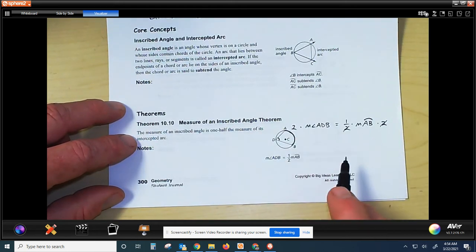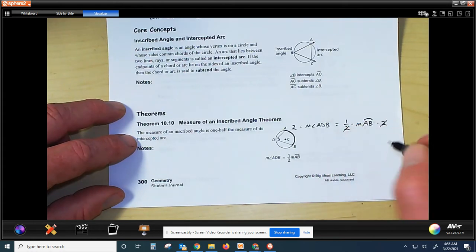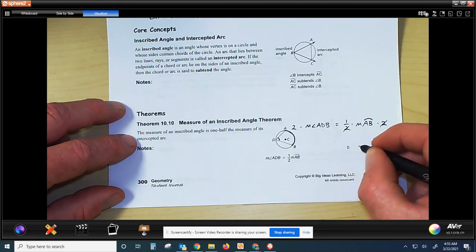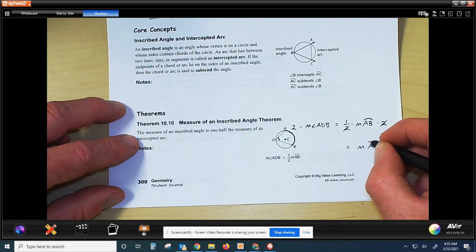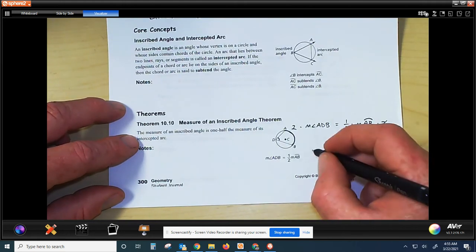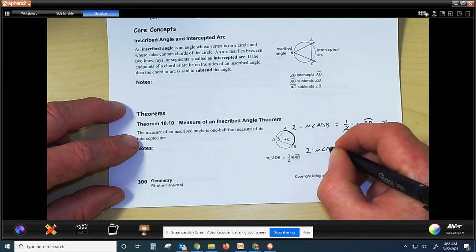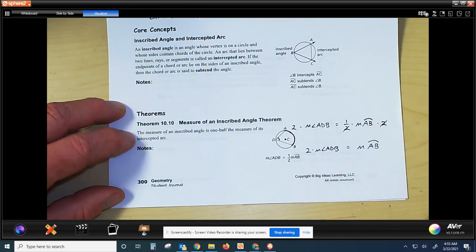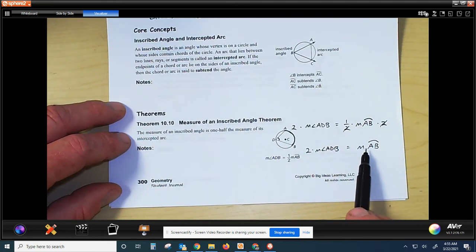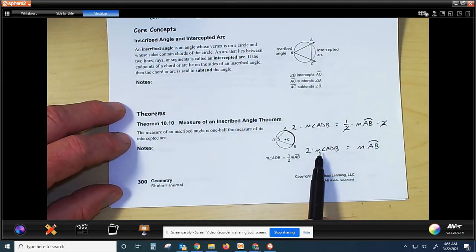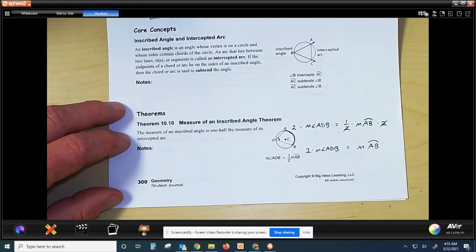Okay, so what this math leads me to is taking this, we've canceled the 2's. So we have the measure of arc AB is equal to 2 times the measure of angle ADB. If I want to find the arc, it's 2 times the angle. If I want to find the angle, it is 1/2 of the arc.